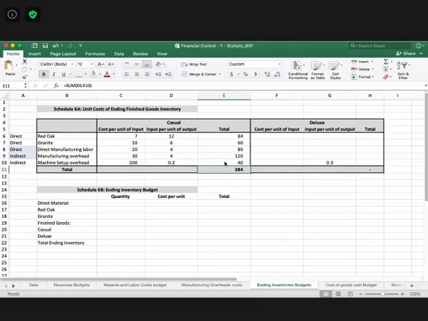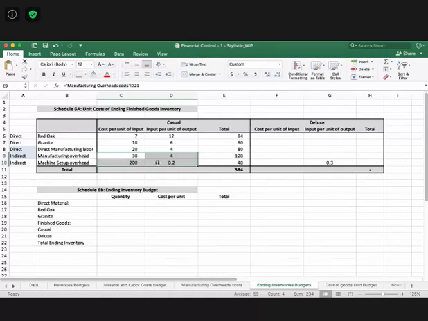So maybe we can even use that to determine what could be a good selling price for the product. That's how management accounting can be useful for us to determine the production cost of one product, so we can deduce a good selling price. And this has been possible because we've been able to allocate the indirect cost to the products, among other things.